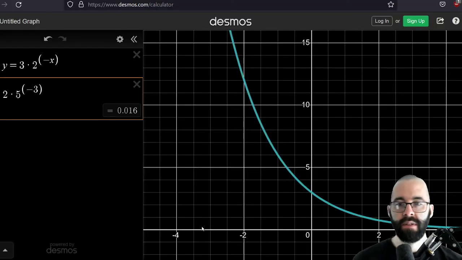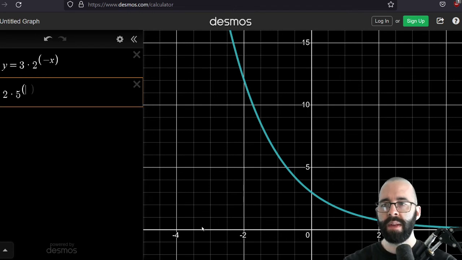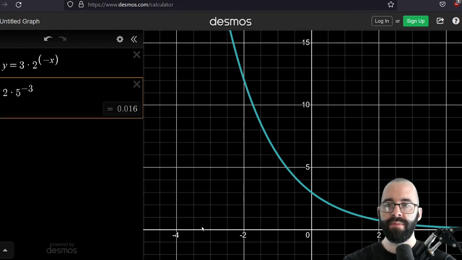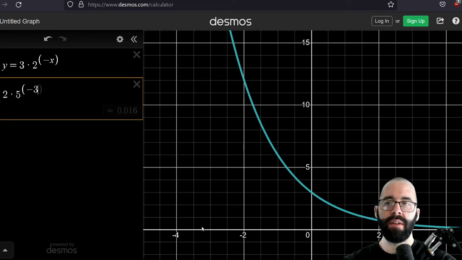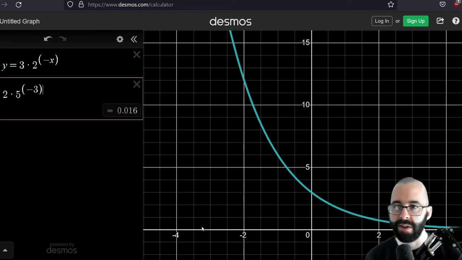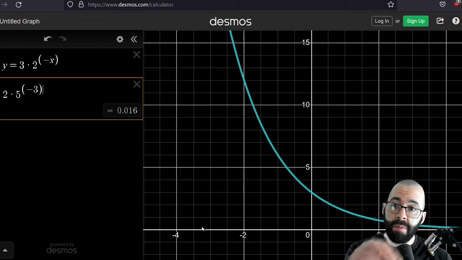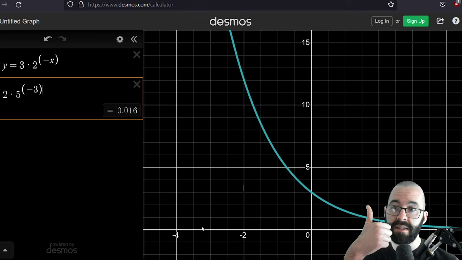Make sure when you're doing exponentials, it's a good idea to put parentheses in the exponent, but it turns out that Desmos doesn't require you to. Your own calculator may be different if you're not using Desmos. Parentheses are a good idea for these exponents. And remember shift 6 or that caret, that gets you into the exponent.